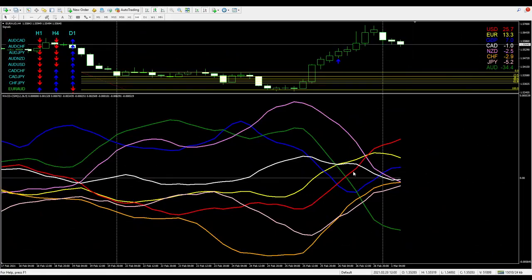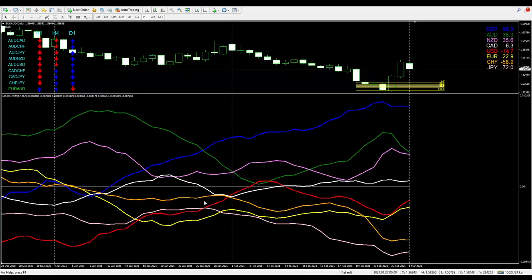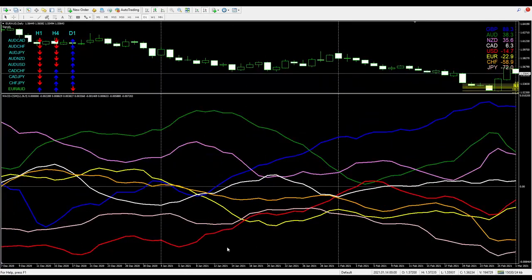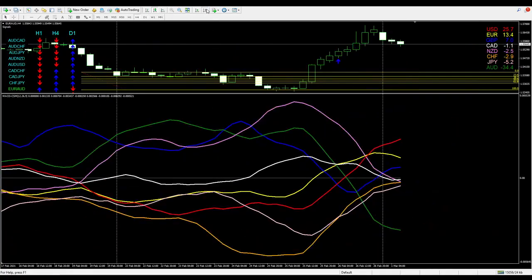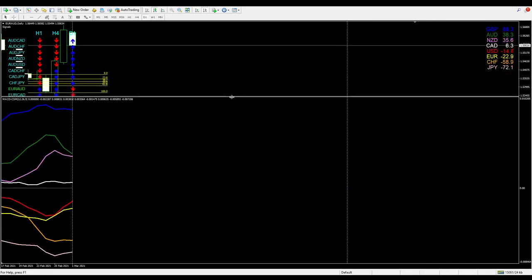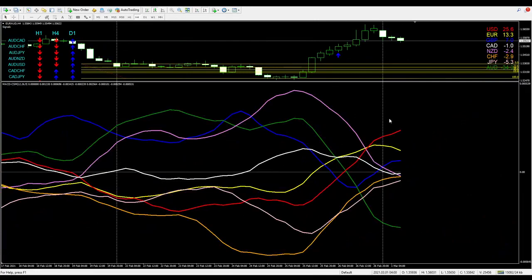For USD, it became strong on H4 already, and the general trend on USD became strong slightly. So anytime soon, this USD pair might become a buy. For now, it's still a possibility because USD became positive sometime last week or last month, so there's a possibility that USD would be really strong for this coming month.